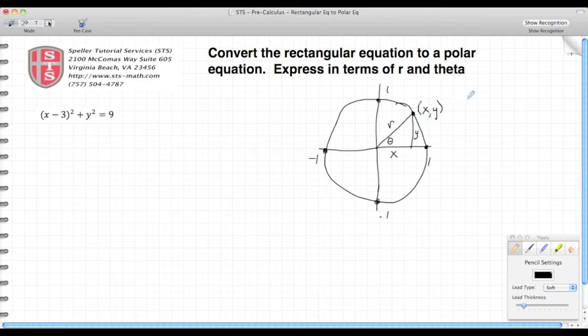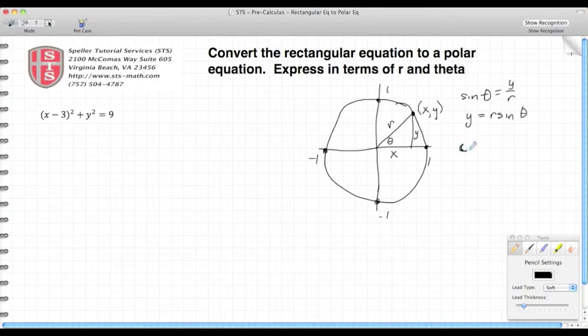(x, y). Now if I were to take the sine of the angle that we see there, we know that sine is the opposite over hypotenuse, which is y over r. Well, this can be expressed as y equals r sine theta, and that's just done by cross multiplication.